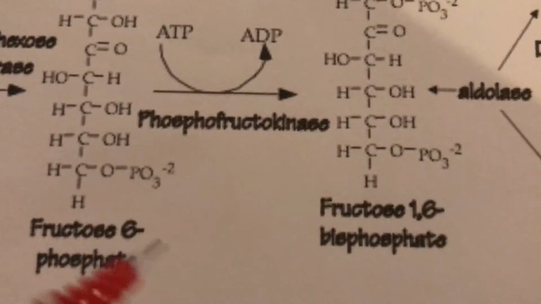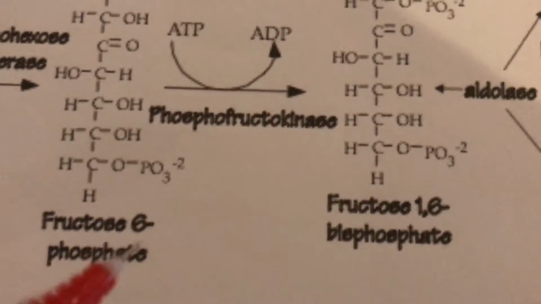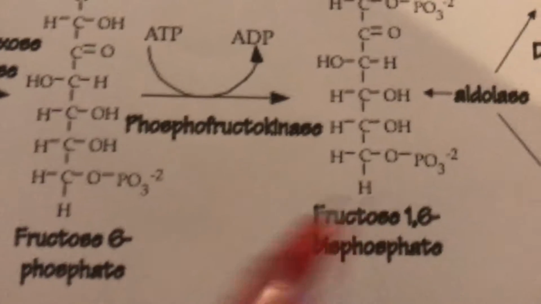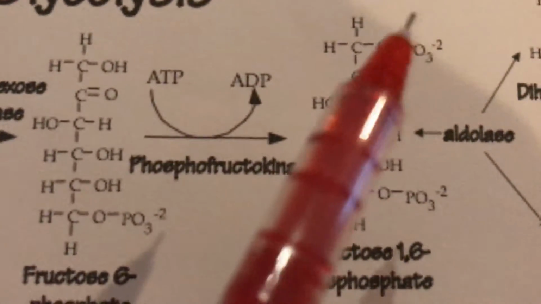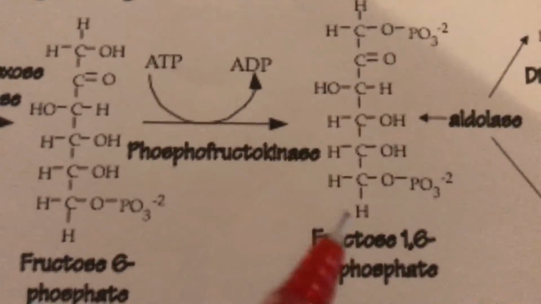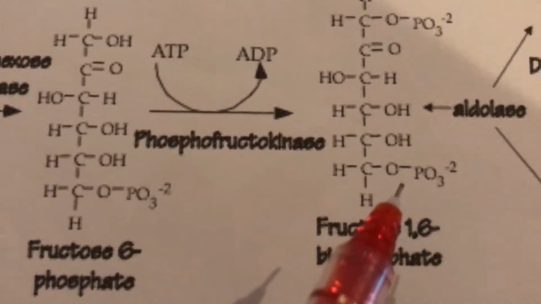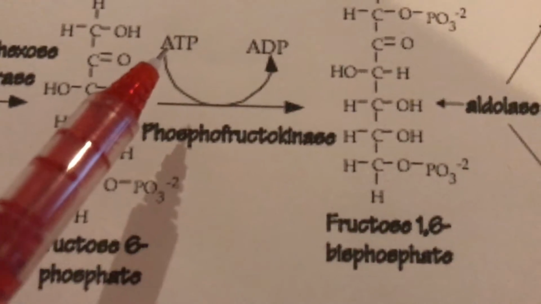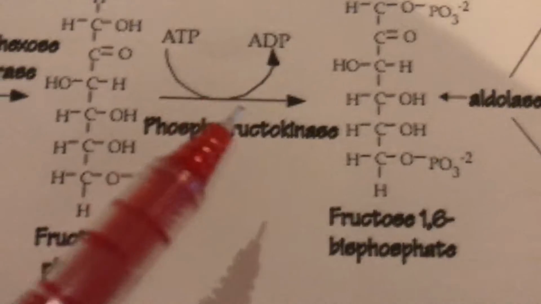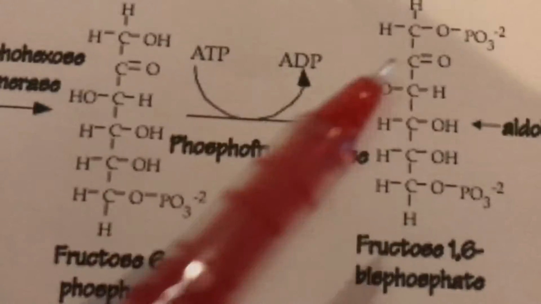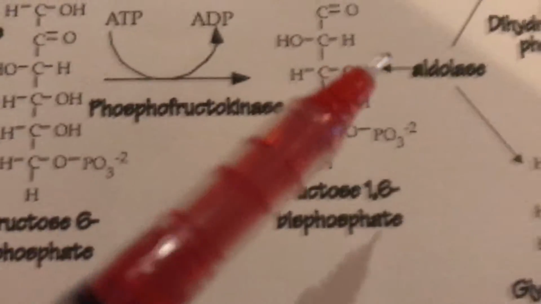And so we go from having just fructose 6-phosphate to fructose 1,6-bisphosphate. So you've got a phosphate right here and a phosphate right here. And again, ATP is being converted into ADP, which is where this phosphate is coming from that's being attached here.